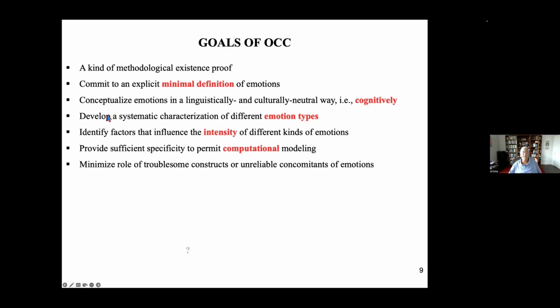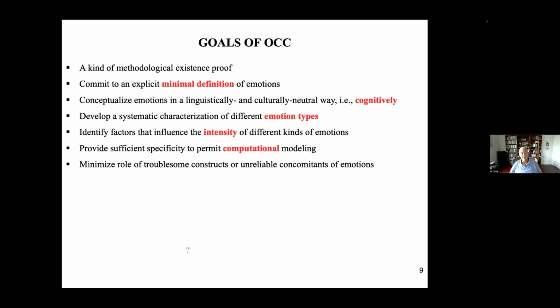We strove to develop a systematic characterization of different emotion types in a way that one could see clearly how they were related, how different emotion types relate to one another, how they differ from one another, and in what respects. We also focus very much on trying to identify factors that influence the intensity of different kinds of emotions or emotion types.